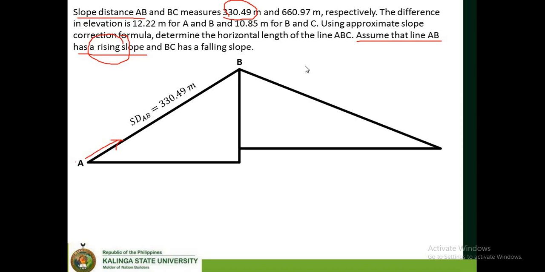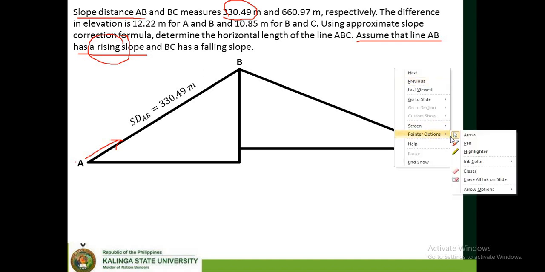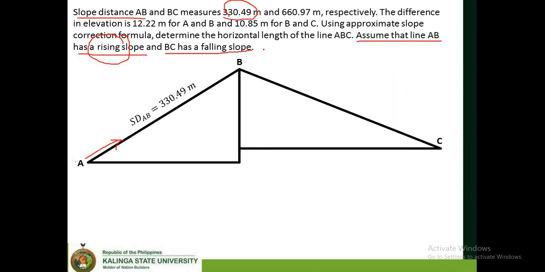The B to C, bakit ganyan ang naging itsura ni B to C? Now, again, looking back at the problem, BC has a falling slope. So, galing ka kay B, papunta ka kay C, pababa ka daw. So, ganyan yung itsura ng aking triangle. Then, the SD for BC is 660.97 meters.